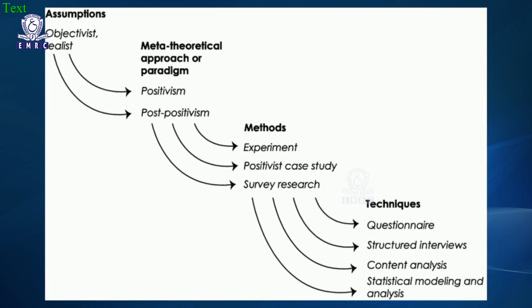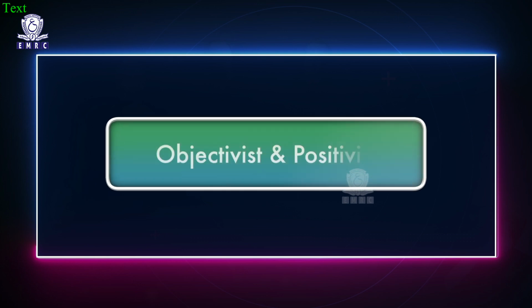Having said that, researchers using objectivist and positivist assumptions sometimes use qualitative data, while interpretivists sometimes use quantitative data. The key is to understand the perspective you intend to adopt and realize the limitations and opportunities it offers.